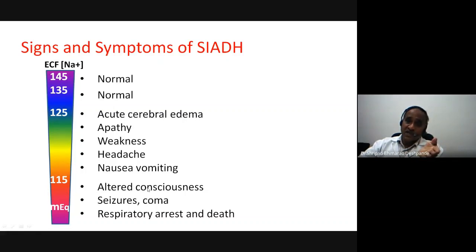He goes into delirium, and then he goes into coma. Then there would be seizures, that means generalized convulsions may appear. Ultimately, when it falls much lower, respiratory arrest and death. So when the sodium level falls below 115, the patient becomes critical.